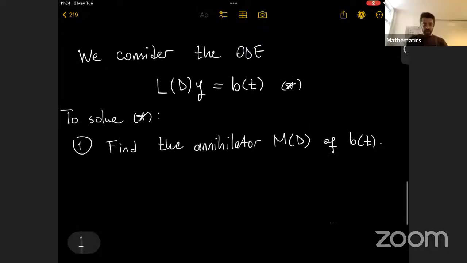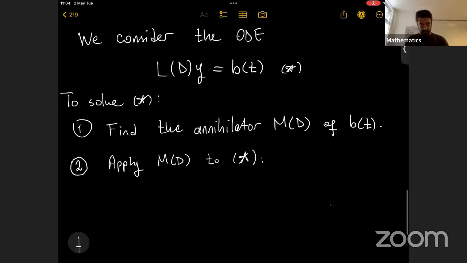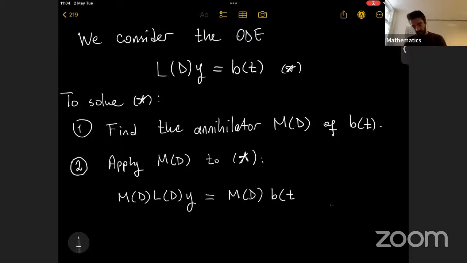All right, so we find the annihilator of b of t, and next we apply this annihilator to the equation. Apply M of D to star. What you get is M(D)L(D)y equals M(D)b of t, okay?